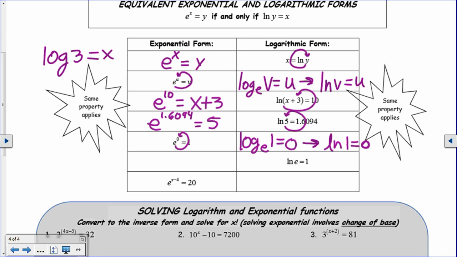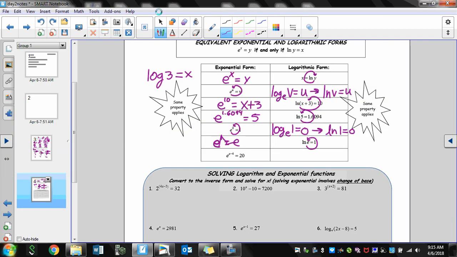Okay? What about here? So what's the base? e to the first power equals e. That should make sense, right? e to the first power definitely equals e because anything to the first power is itself.